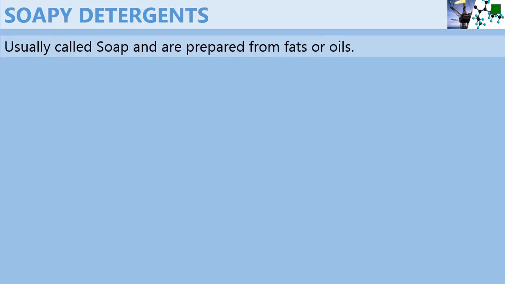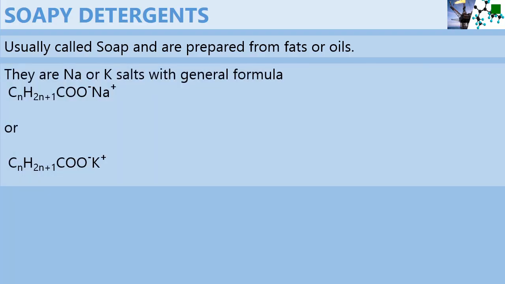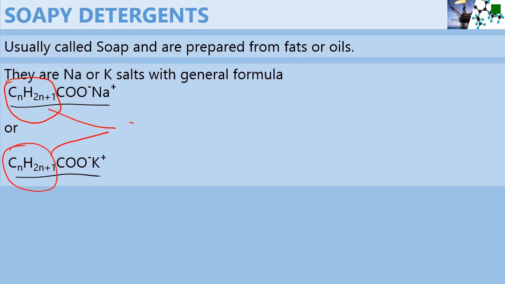Soapy detergents. They are usually called soap and are prepared from fatty oils. These soaps have a general formula of this or this. They are actually salts of sodium and potassium. As you will notice, this part here, the CnH2n+1, is actually an alkyl group.